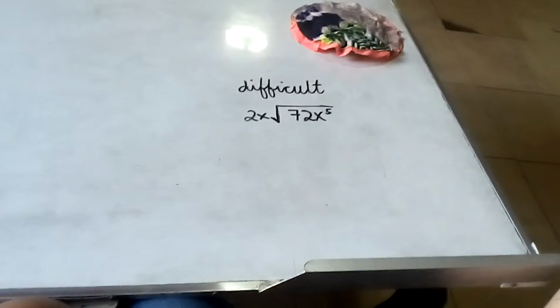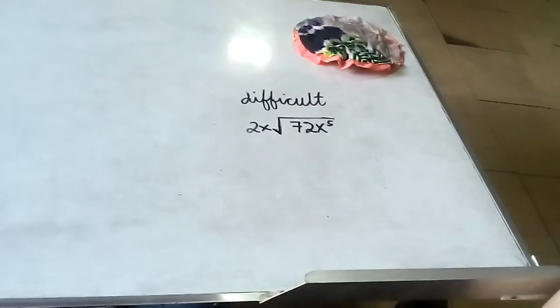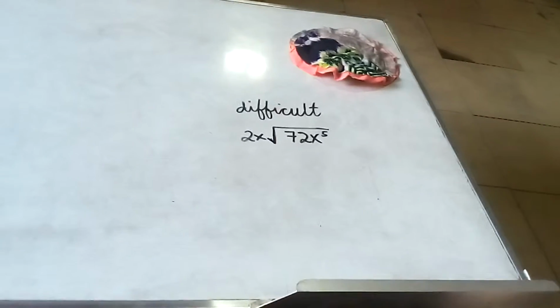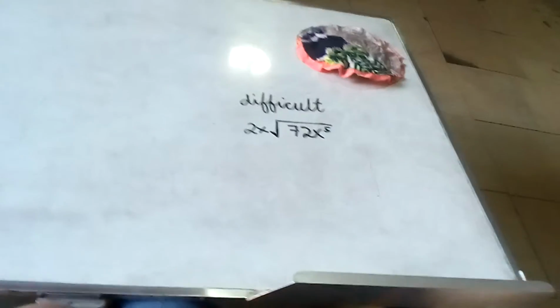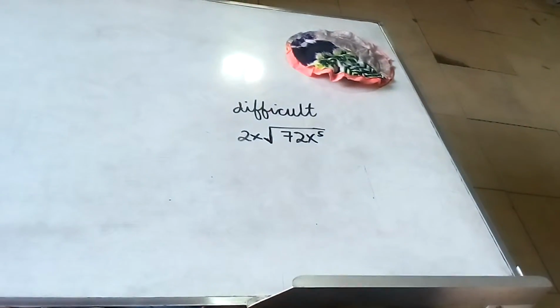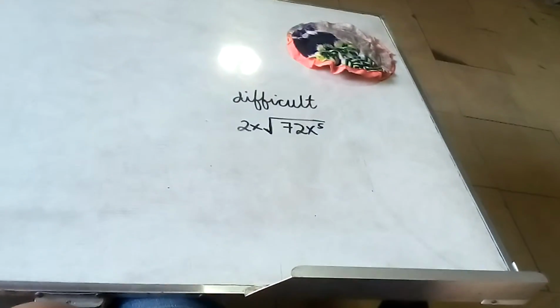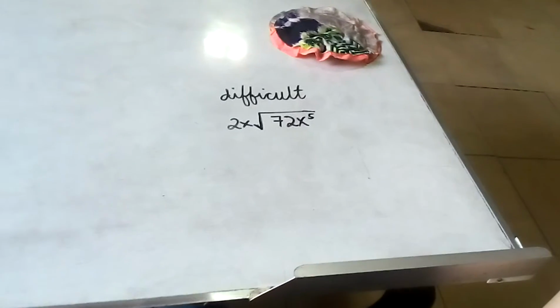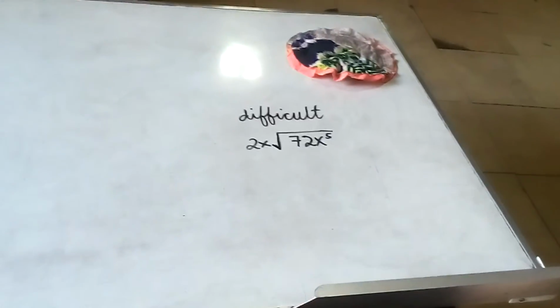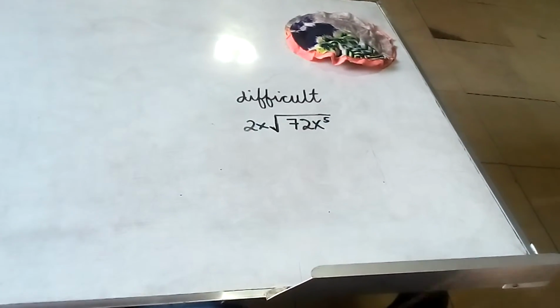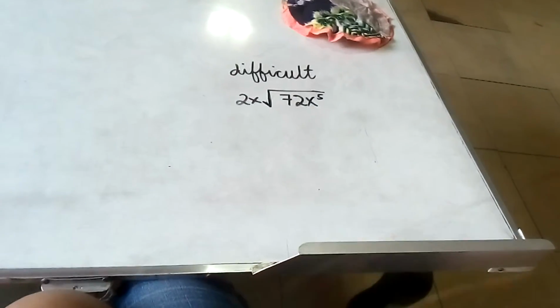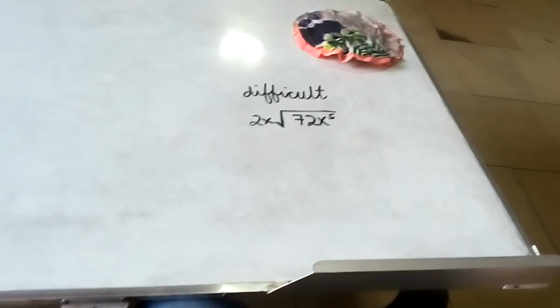Difficult. Ano ba yan? Square root of 72x to the 5th. 2x square root of x to the 5th. Ay, hindi, tama. Okay, we'll give you 1 minute. Okay, 30 seconds extension. Finalize your answer.